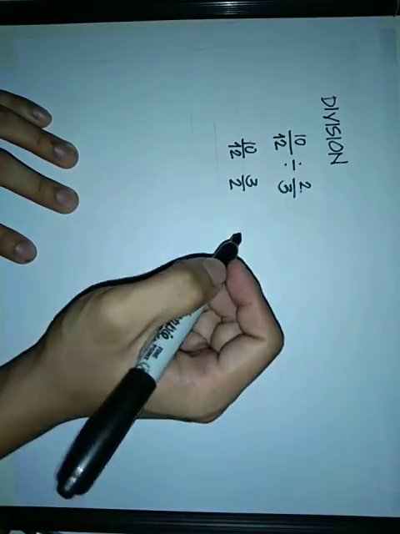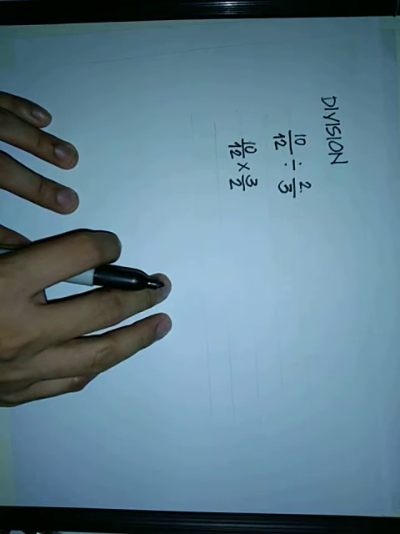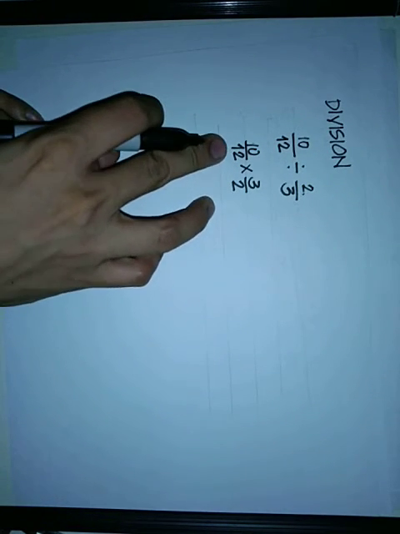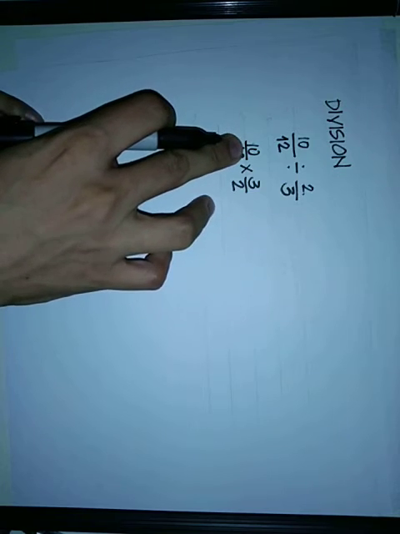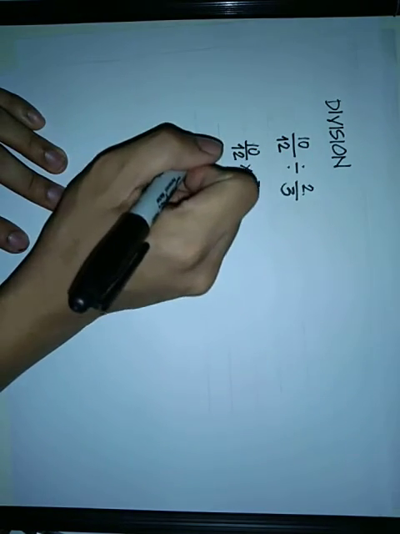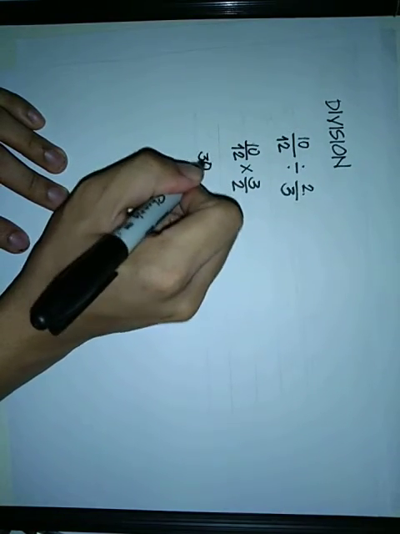And next operation natin will be multiplication. Diba? So, pag nag-multiply ulit tayo, we will just multiply yung numerator by its numerator. So, we will have 10 times 3, we have 30.